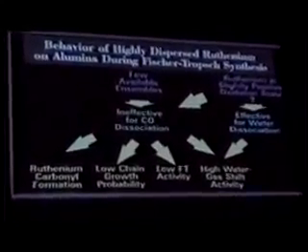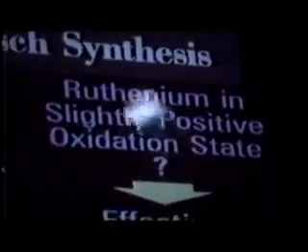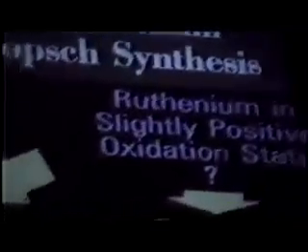Now, let me summarize my presentation. According to EXAFS measurements, there was no obvious presence of oxygen in the coordination environment of ruthenium. According to XPS, we see a higher binding energy for ruthenium in the highly dispersed case on alumina.